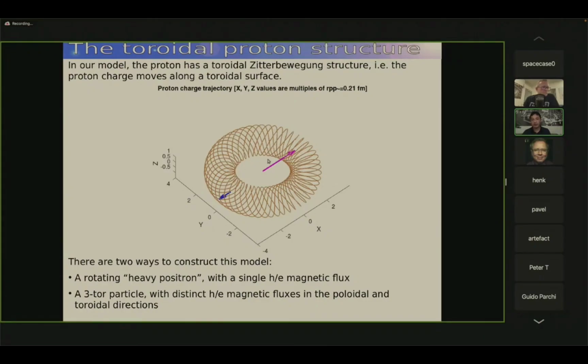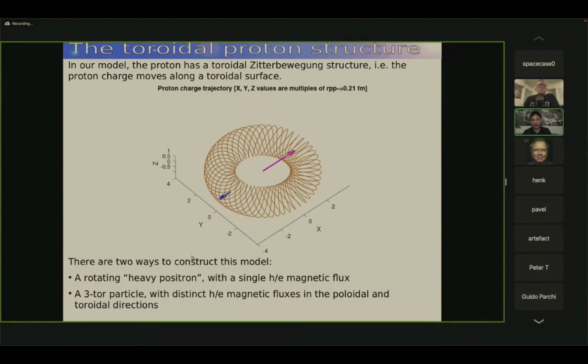So remember that in the electron, Zitterbewegung was a simple circle, and here the Zitterbewegung is along the surface of a torus. And there are actually two ways to construct this model. One is a rotating heavy positron with a single magnetic flux. So you imagine a heavy positron being here, and then it rotates around, it creates a structure like that.